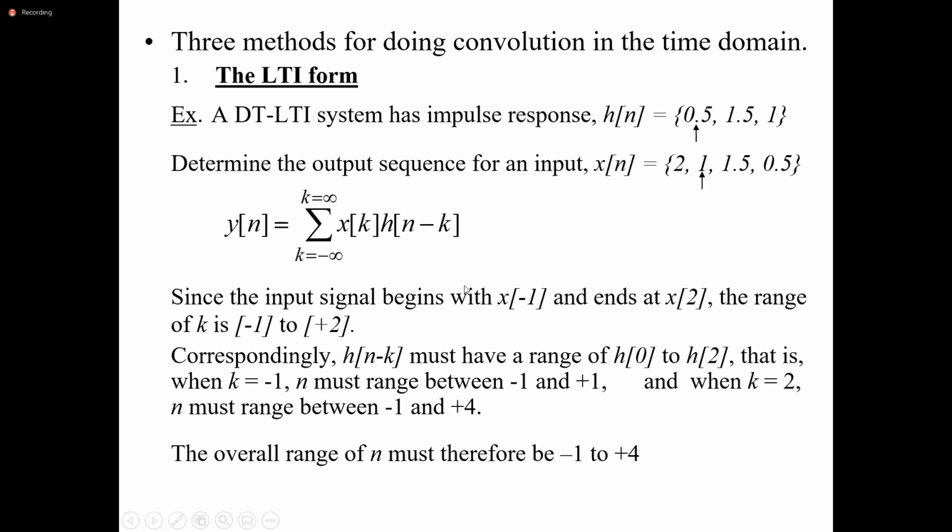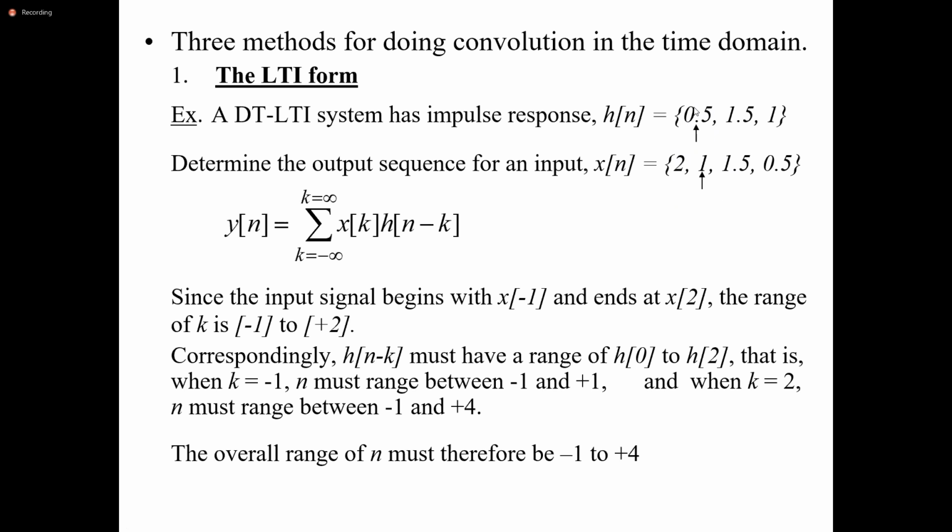Right, so the first one I will mention, I don't think I'll bother going through it. I call it the LTI form. So what you basically are going to do is take a system with the impulse response shown here, very, very short, very simple, and you're going to take another sequence x of n here, which is shown here.